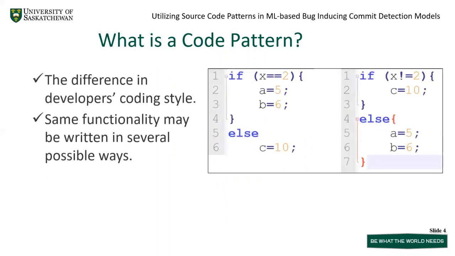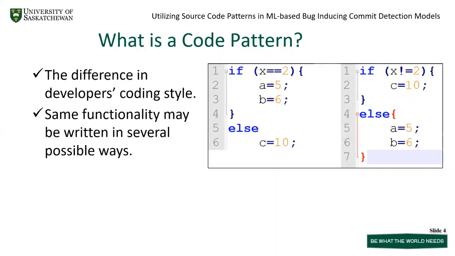So what do we mean by code pattern? Here we can see two different code segments. Both segments are doing the same thing, but they are written in different styles. This is a common scenario when more than one developer is working on the same project, because as developers differ, the pattern of the code could be different.